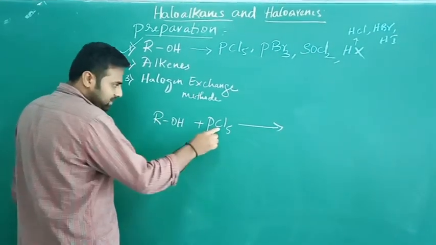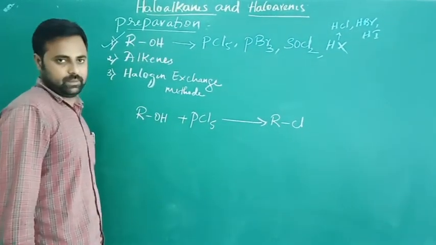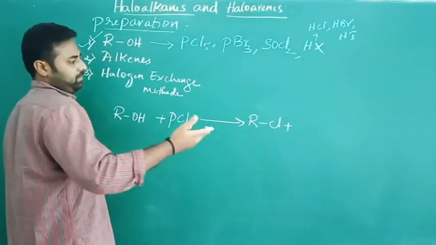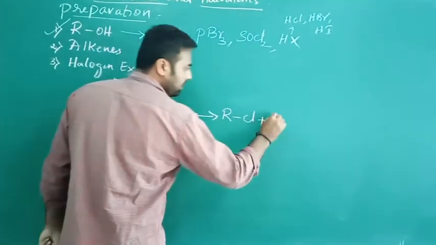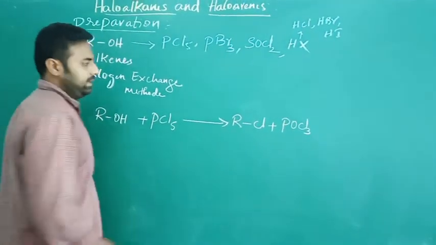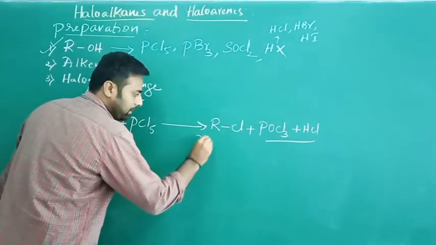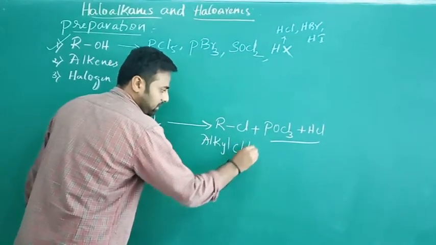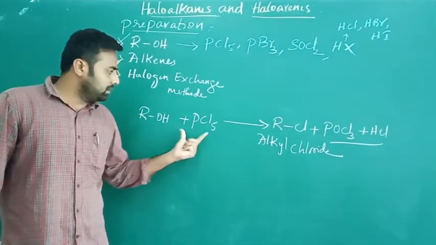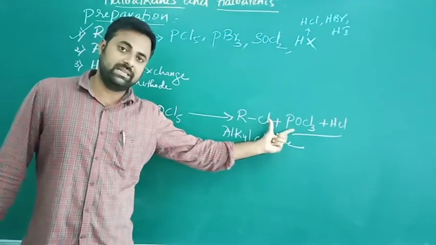When this alkyl group combines with one chlorine atom, that leads to the formation of RCl, alkyl chloride, plus the remaining products are produced as a byproduct, that is POCl3, phosphorus oxychloride. These are the byproducts, and this is the main product, that is alkyl chloride. When the alcohols are treated with phosphorus pentachloride, it leads to the formation of alkyl chloride, phosphorus oxychloride, and so on.